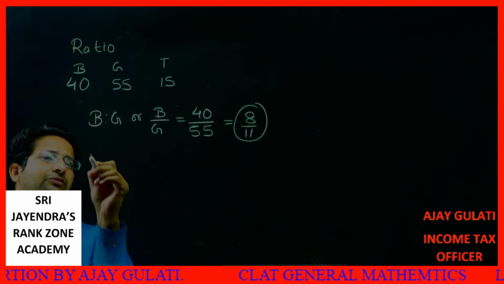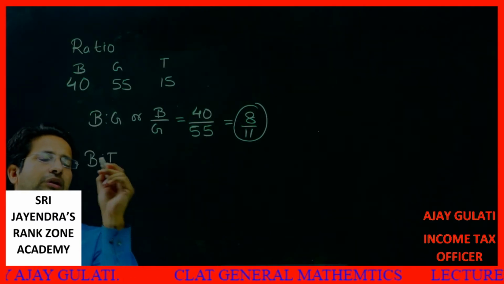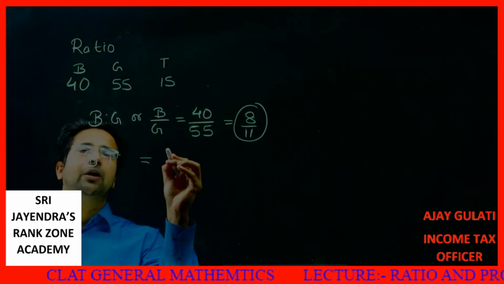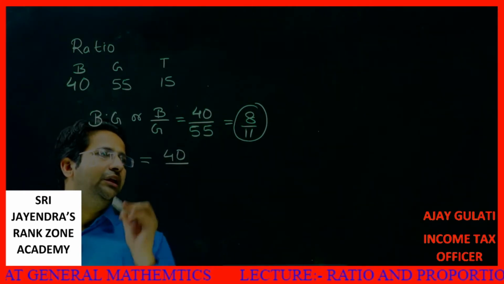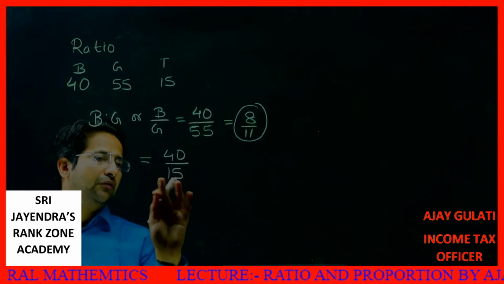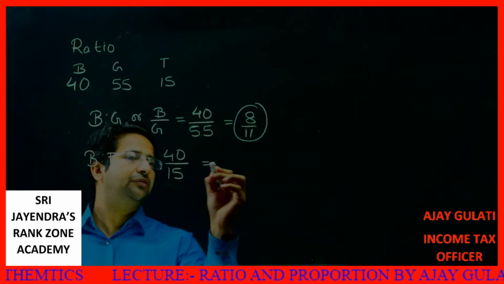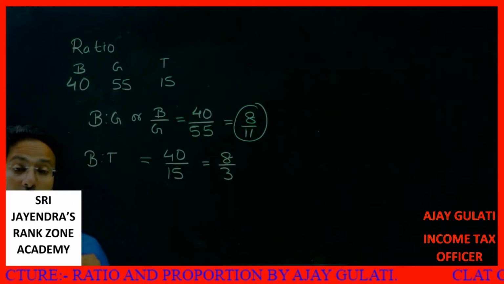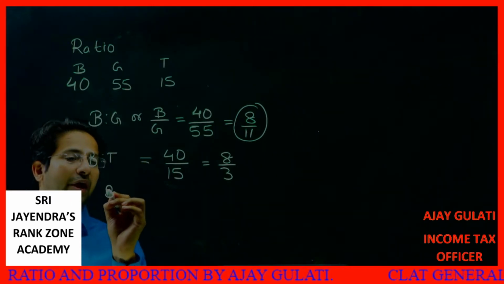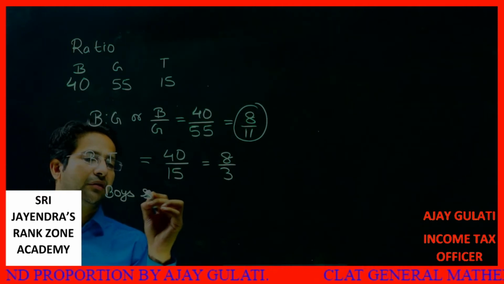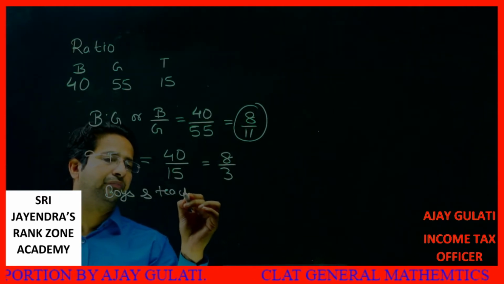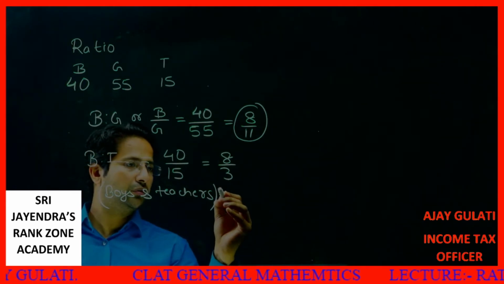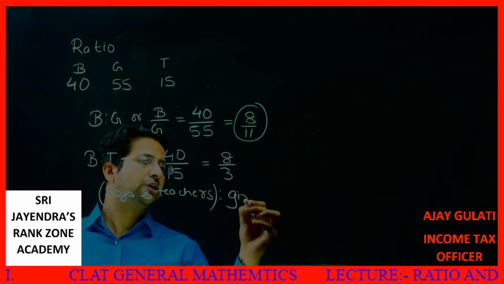If somebody asks me the ratio of boys is to teachers, then that will be expressed as boys are how many? 40. Teachers are how many? 15. So that becomes 8 by 3. If somebody asks me what is the ratio of boys and teachers is to girls, what is this ratio?